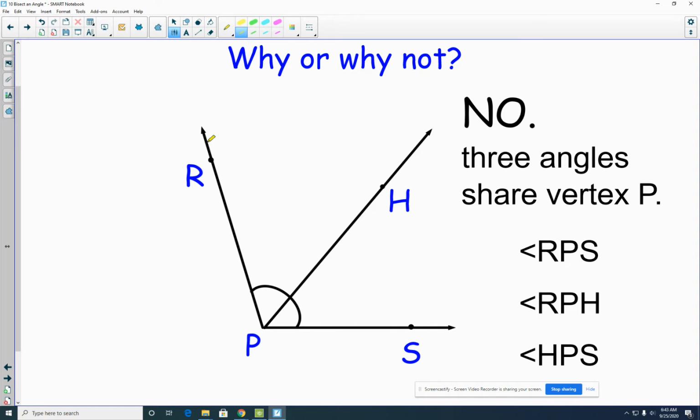So I'm just going to go through them. We have this angle here, RPS. Then we have this angle here, RPH. And we have this angle here, HPS.